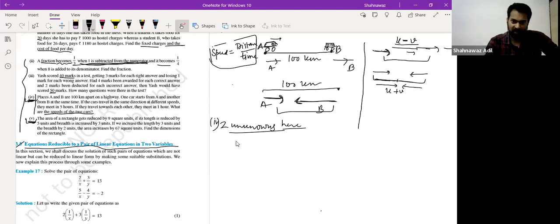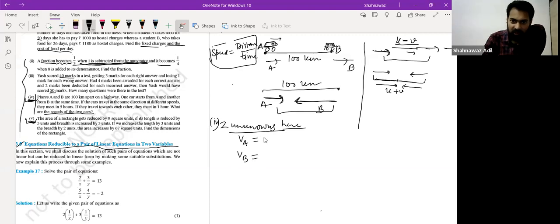So speed one, let's say VA and VB. Should I write speed A or speed B? What should I denote? Okay, no problem.